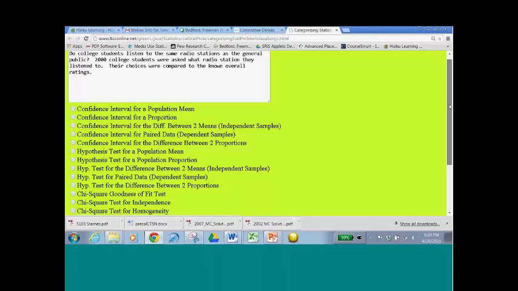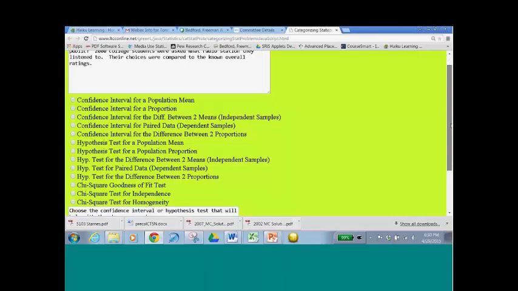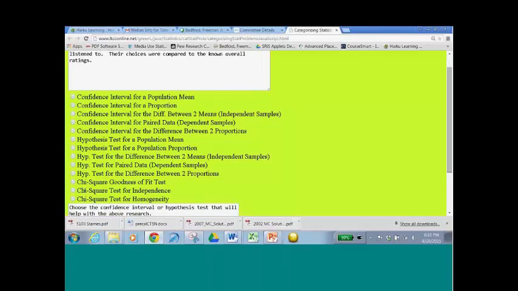So my reading of this sounds like we're talking about the distribution of a categorical variable, which is radio station preference or primary radio station you listen to, and then we're looking at the distribution of listening preferences among college students. So I'm going to try and guess something here just so you can see the feedback. Oh, good for me.